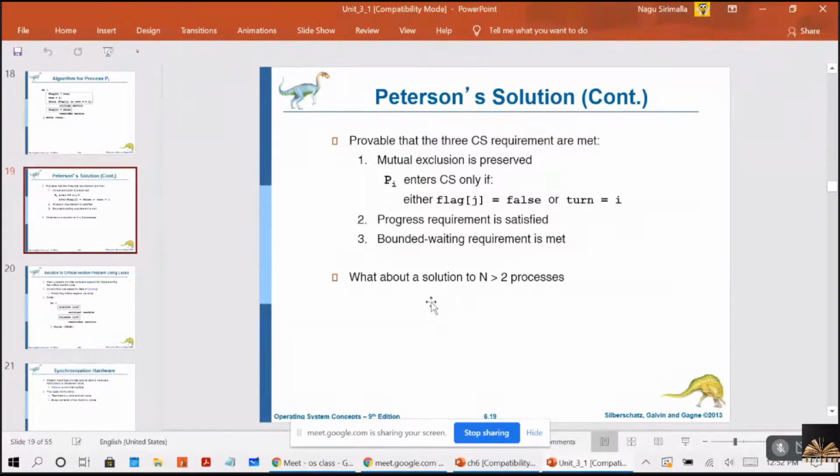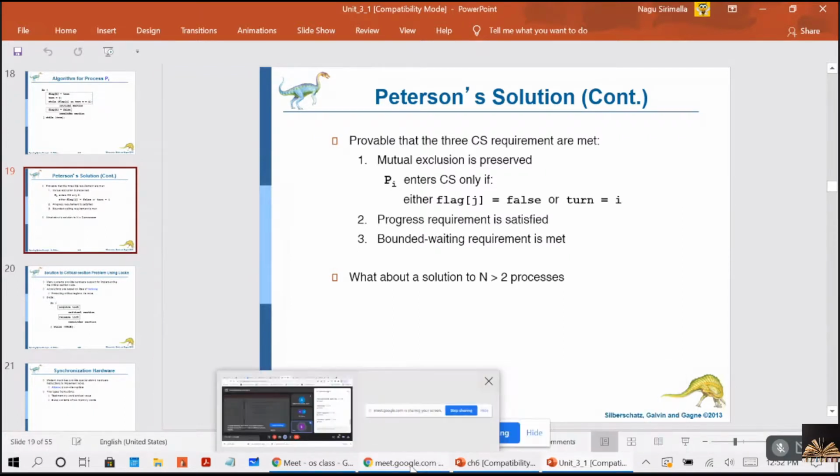When one is entering the critical section, the other has to wait, right? Yes or no? Once Pi has completed its task in the critical section and is in the remainder part, executing the instructions in the remainder part, at that time Pj will be allowed to enter the critical section. That means with this, bounded waiting is also satisfied, right?